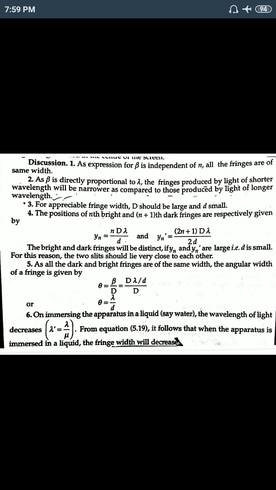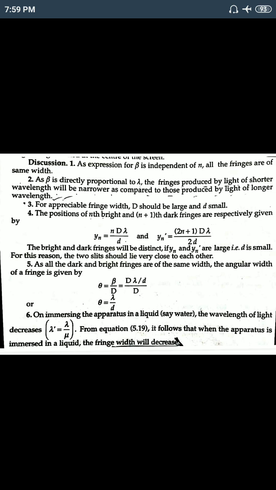Now, if the Young's double slit experiment apparatus, this total apparatus, is immersed in a liquid, then what happens? In a liquid, suppose water, the wavelength of the light decreases because the wavelength depends upon the refractive index. Whatever the liquid, suppose it has some refractive index, we consider mu, or you consider n.